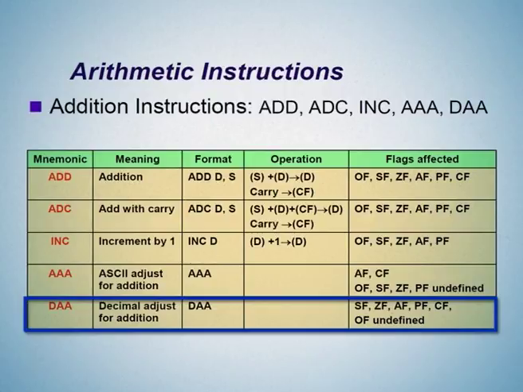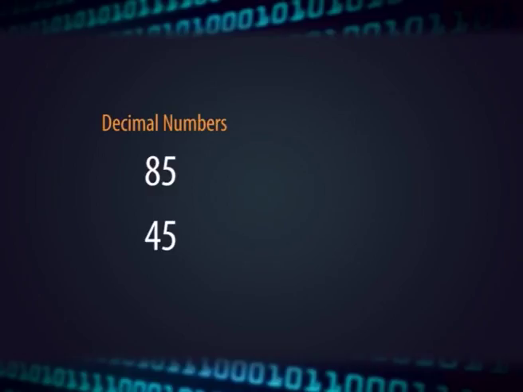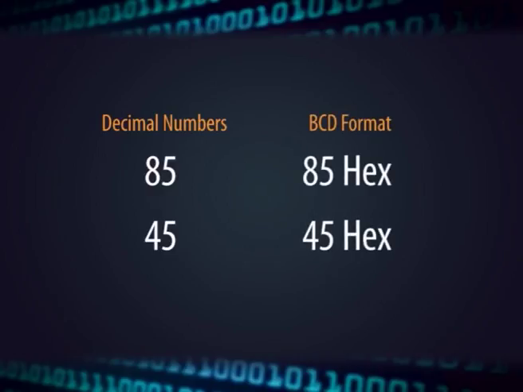The next important arithmetic instruction is DAA, which specifies decimal adjust for addition. The instruction is useful when the numbers are represented in BCD format and the expected result of the addition of 2 BCD numbers should also be in BCD format. Take the example of 2 decimal numbers 85 and 45. These numbers will be represented in BCD format as 85 hex and 45 hex.